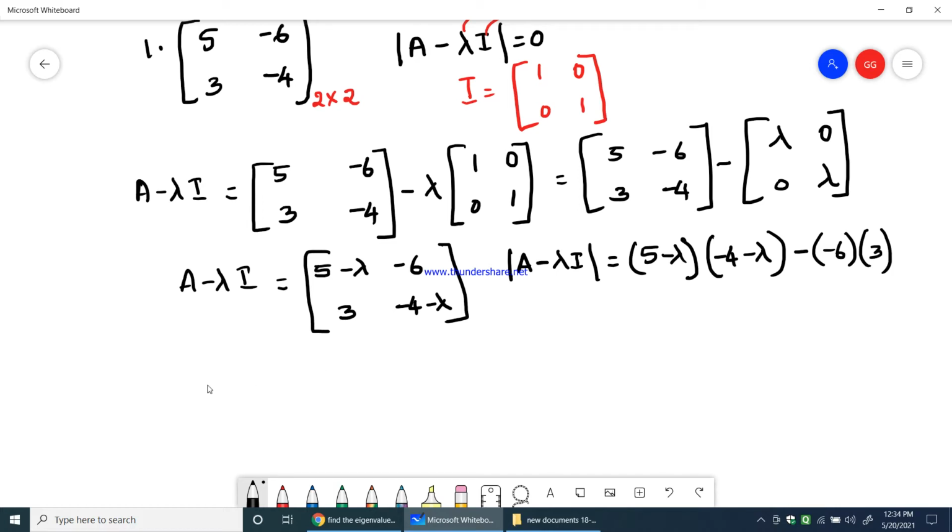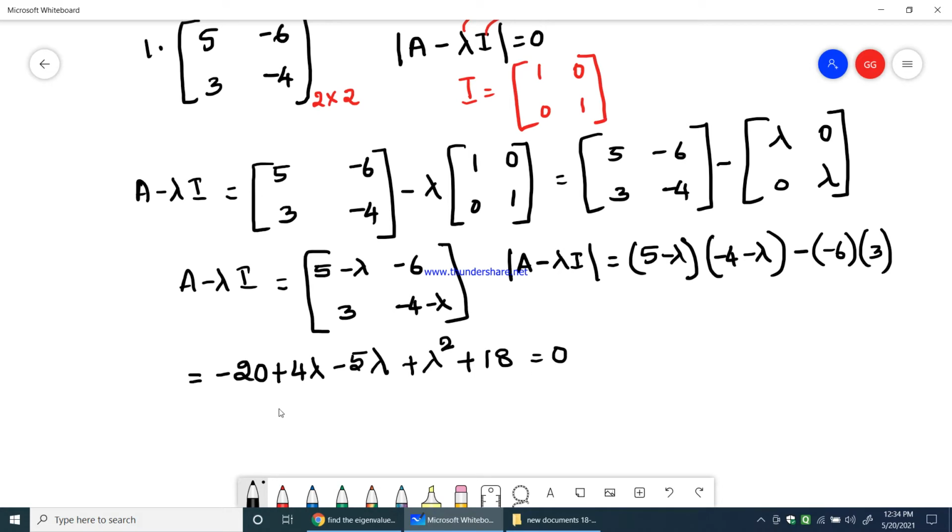Which is equal to 5 into minus 4, minus 20, minus lambda into minus 4, plus 4 lambda, minus lambda into 5, which is minus 5 lambda, minus lambda into minus lambda, which is plus lambda square, minus of minus 6 into 3 is 18, which is plus 18, equals 0.